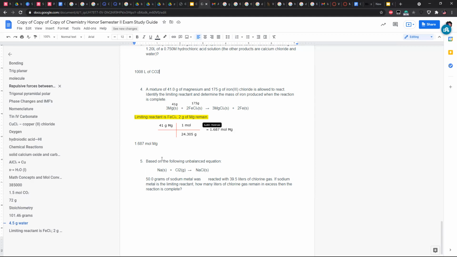We have 175 grams of iron 3 chloride. The molar mass of iron 3 chloride is 162.2 grams per mole.